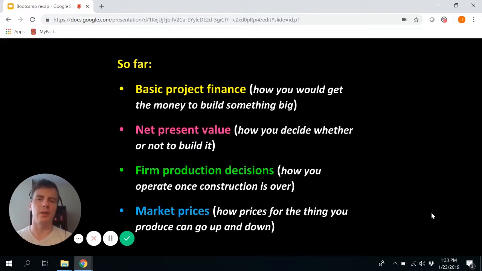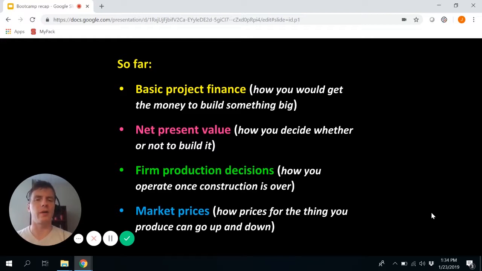And we talked in the fourth lecture about firm production decisions, about how profits depend on decisions that firms make about how much to produce and when. And we talked about, from a microeconomic theoretical standpoint, how optimal or profit-maximizing decisions about the level of production can be made.